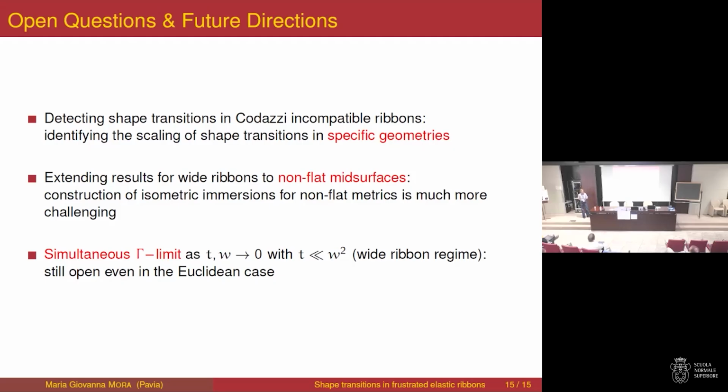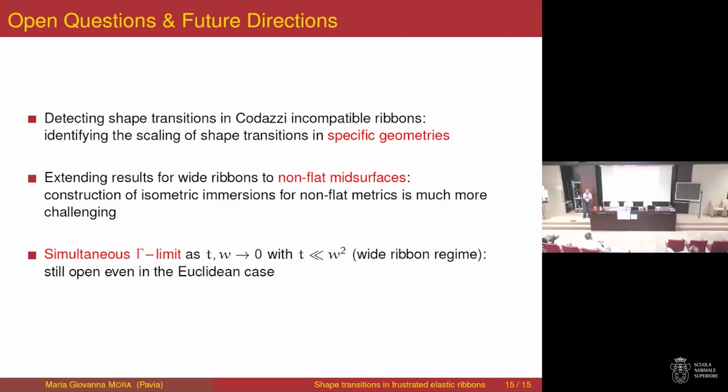This is still open because, as we saw, for wide ribbons the isometry constraint plays a crucial role. The advantage of taking the two gamma limits consecutively is that once you have passed the limit with respect to T, you are working with a Kirchhoff functional where the isometry constraint is exactly satisfied.